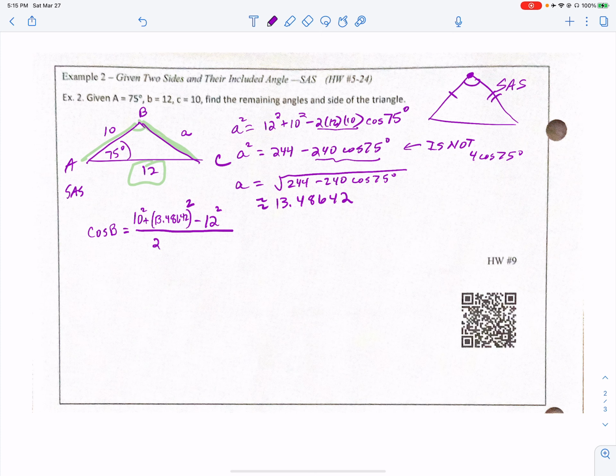And in the bottom we have 2 times the product of the 10 and the 13.48642. And so the measure of angle B is going to be the inverse cosine of all of that. You can put it in your calculator, but make sure you have about 5 decimal places.